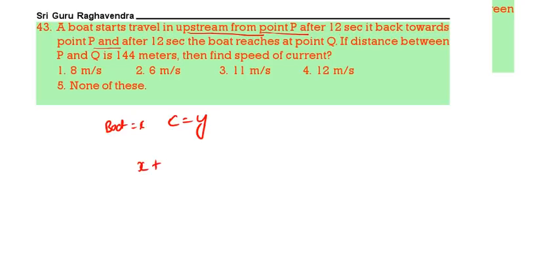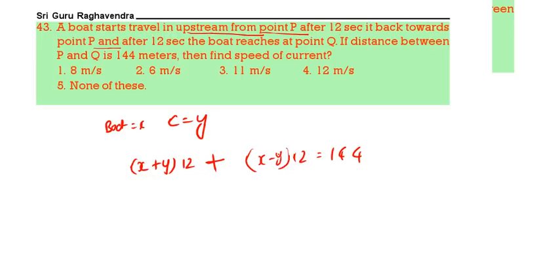Total distance: first downstream, (X plus Y) into 12, minus (X minus Y) into 12, is equal to 144.